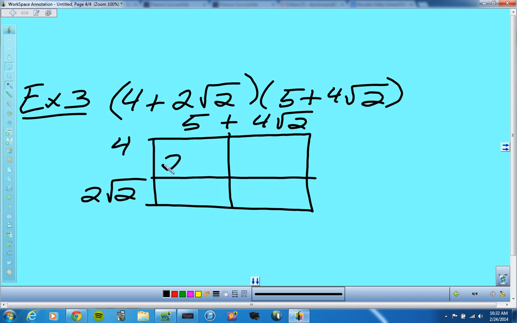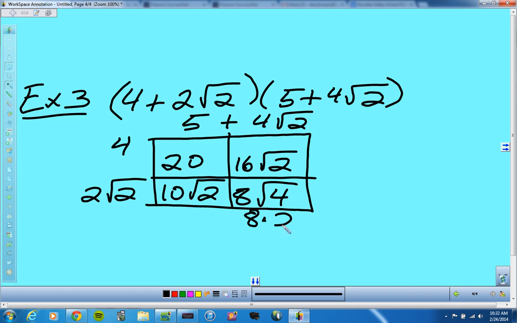So 4 times 5 is 20. 4 times 4 square root 2 is 16 square root 2. 5 times 2 root 2 is 10 root 2. And 4 times 2 is 8. Root 2 times root 2 is root 4. So this becomes 8 times 2, which is 16.